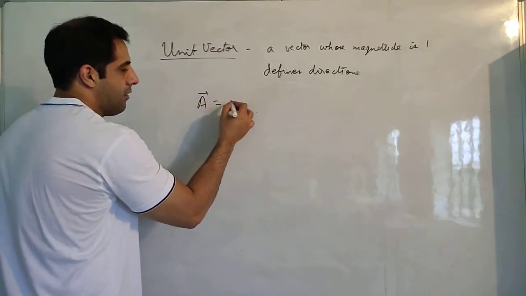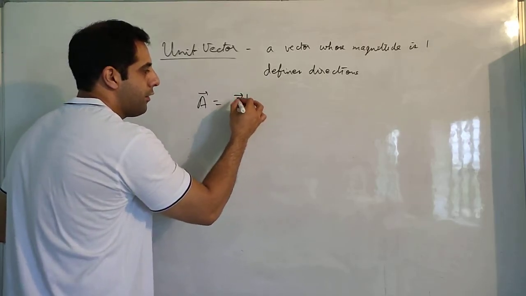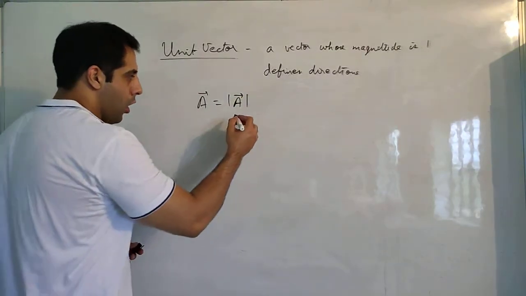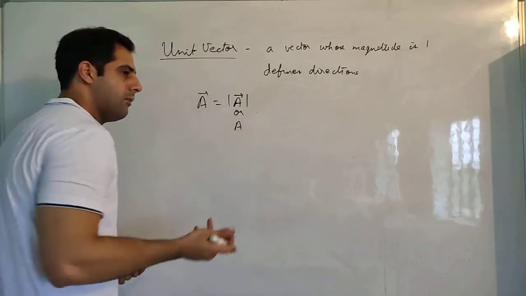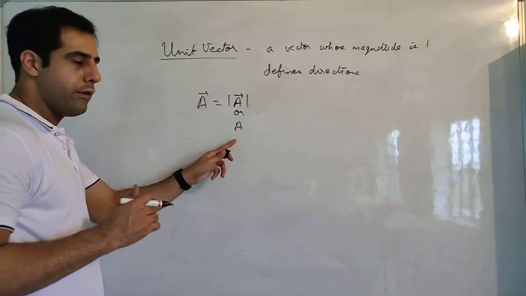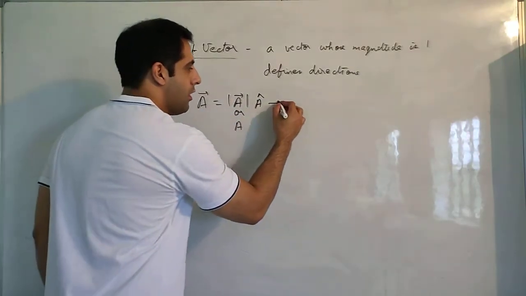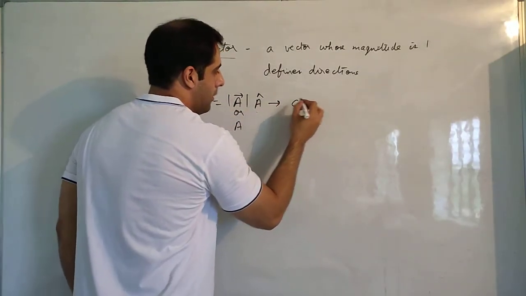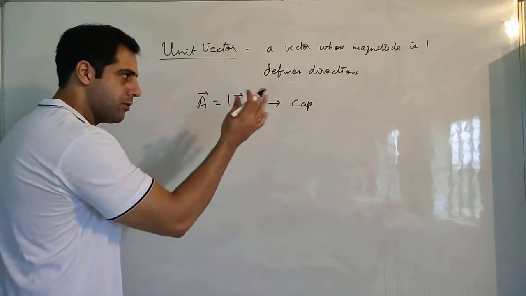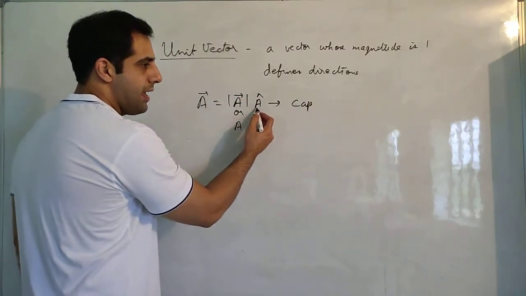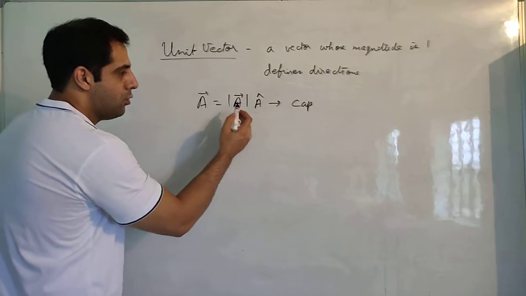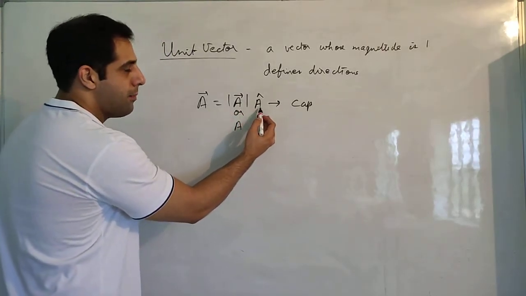We just took an example. This is a vector A. It will be a combination of magnitude of A, which is given like this, or you can write it like this only. This also means the magnitude of A multiplied by this. This thing that looks like a cap, so we call it a cap. So this is A cap. So vector A is equal to magnitude of A multiplied by A cap.